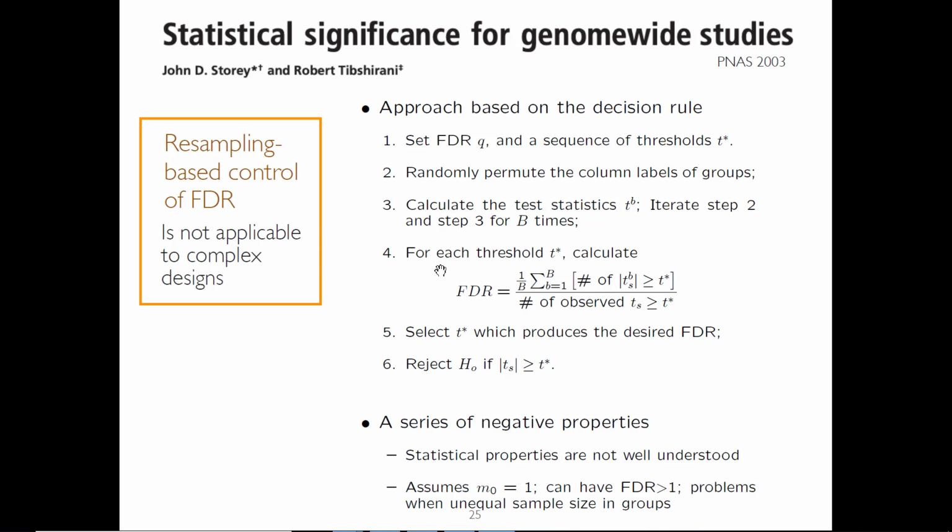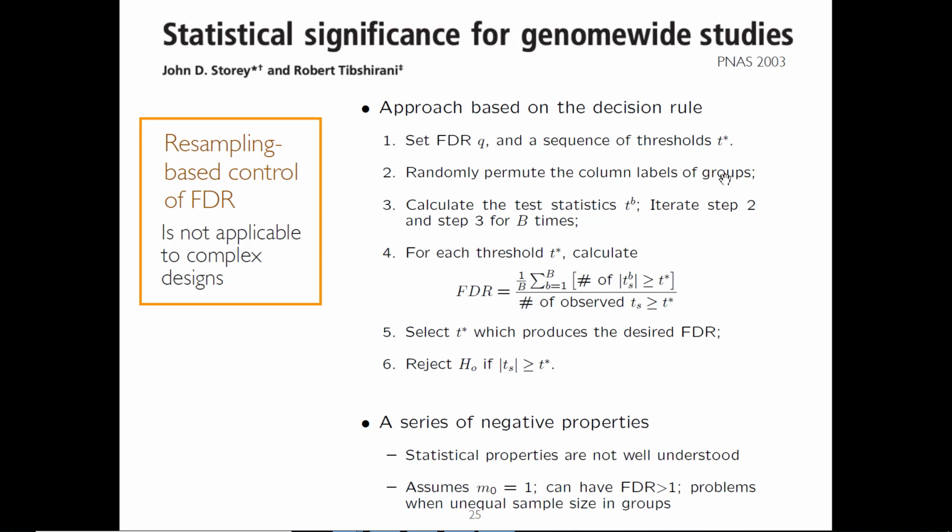What we can do is have a sequence of cutoffs for the false discovery rate, let's say 0.01, 0.05, 0.1, and so on. And now we will permute the labels of the group. We're talking about false positives.